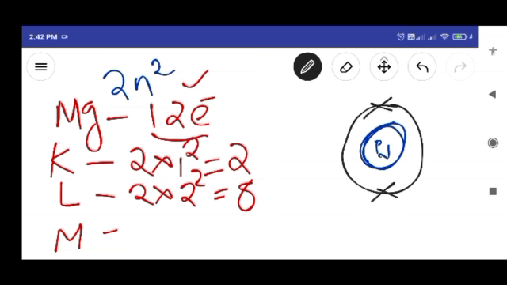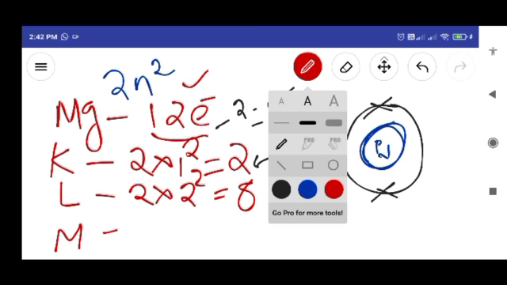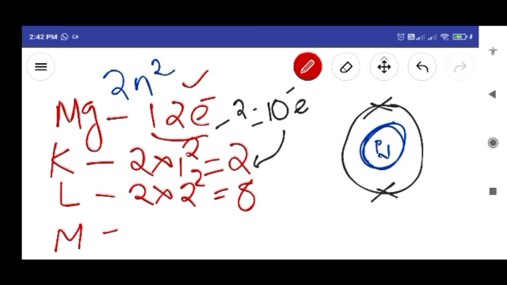So from these 12 electrons we have given 2 electrons to K shell. How many electrons are left? 12 minus 2, that is 10 electrons. From these 10 electrons, 8 electrons are accommodated in which shell? 8 electrons are accommodated in L shell. So we'll draw L shell and distribute 8 electrons.